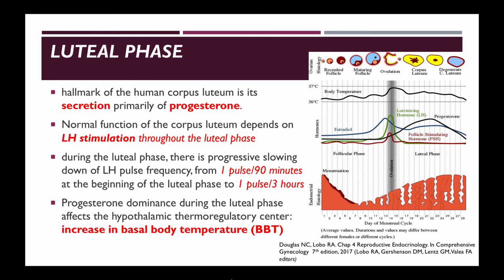Progesterone dominance during the luteal phase affects the hypothalamic thermoregulatory center, and this is also manifested as an increase in the basal body temperature, mainly because progesterone is highly thermogenic.